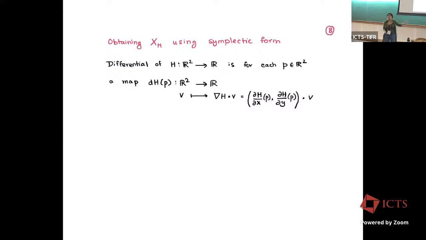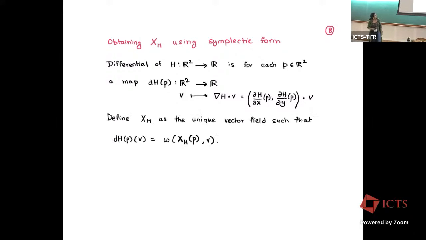You have seen this in some form, I think, but let's take this as the definition. So with this map, I can define XH as the unique vector field, so that at each point there is a vector such that the differential is the same as evaluating omega with my vector XH in the first coordinate.